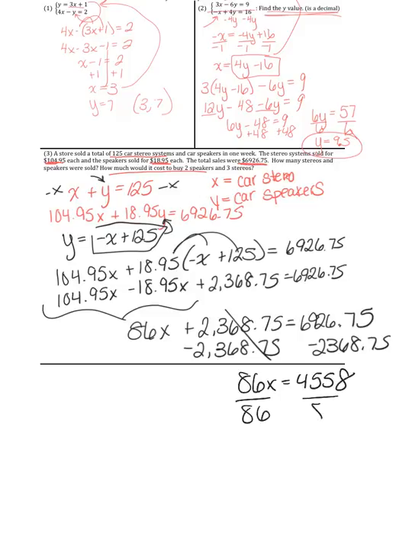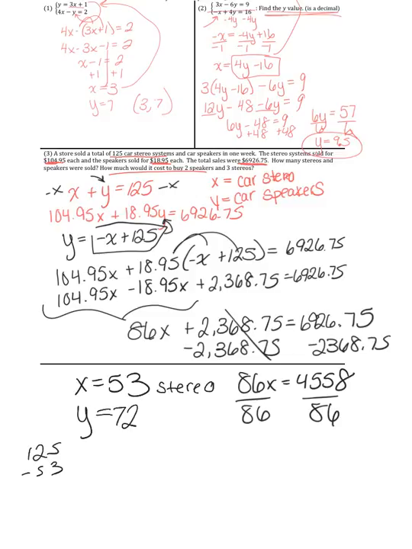Oh my goodness gracious, I divide by 86 and I get 53. That means they sold 53 stereos. And if they did 125 in total, we'll subtract 53 from that, and that gives me 72 speakers.